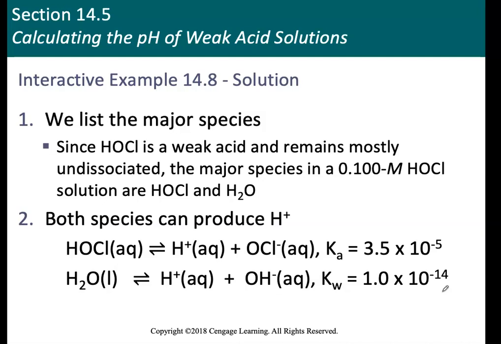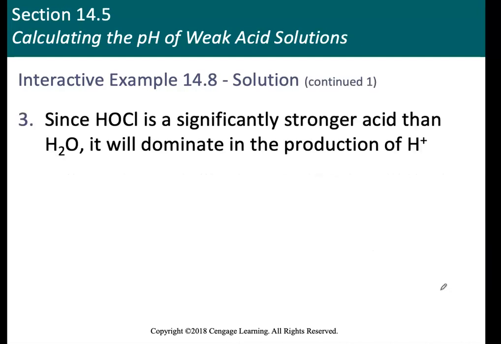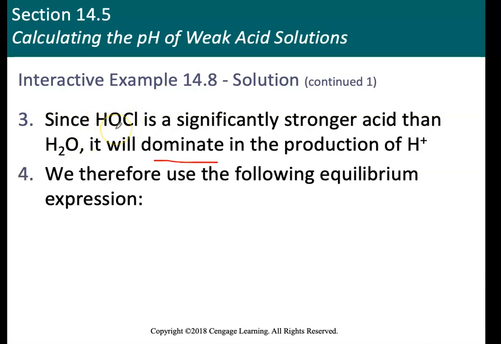All right, so now what we can do is make this determination. Step number 3. HOCl is significantly stronger than water, so it will dominate. In other words, we don't have to worry about the water contribution. So we'll leave the equilibrium of water alone and focus on HOCl.